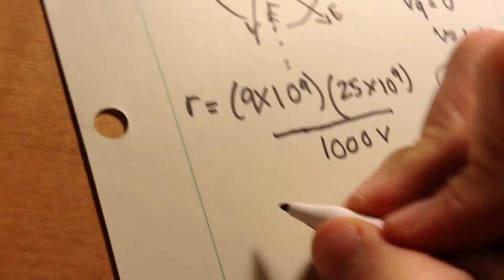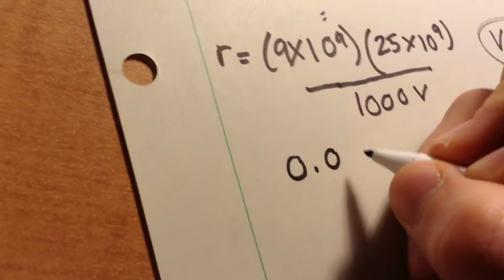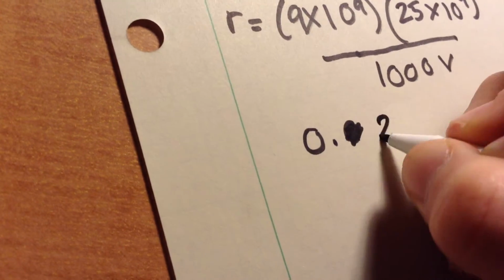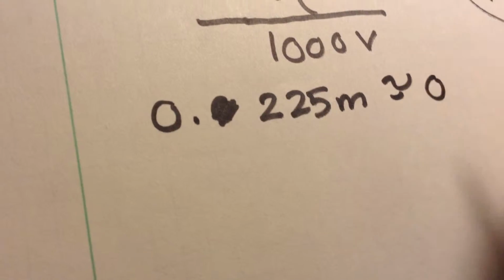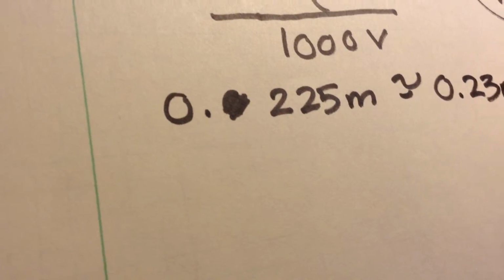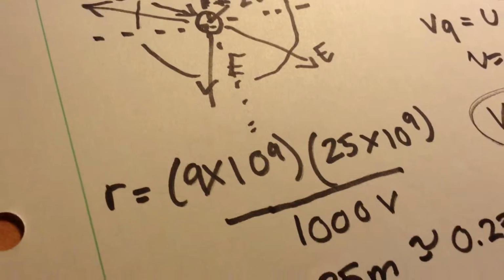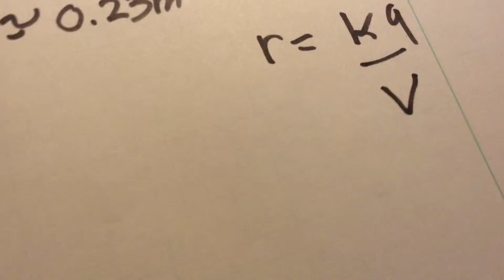Now plug that into your calculator, and you should get about 0.225 meters, which is roughly 0.23 meters.